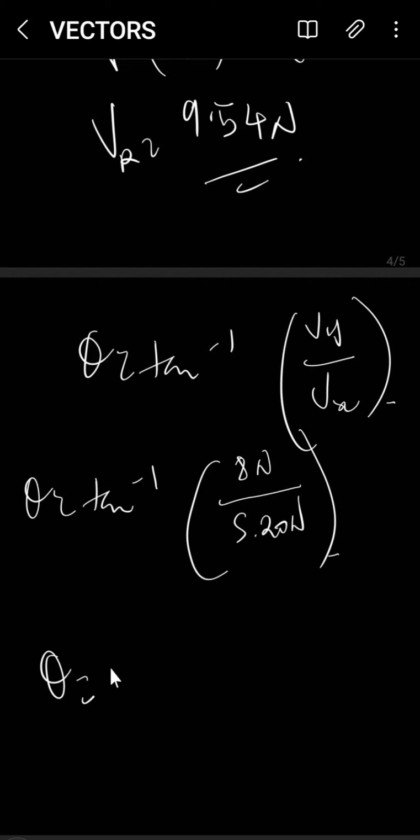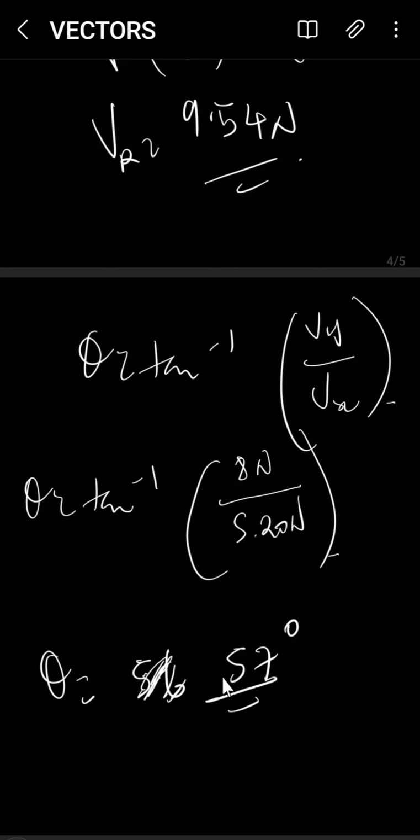So 8 divided by 5.2, then you say shift, tan, open brackets, your answer, that is going to be 56.97. So we just say 57 degrees.